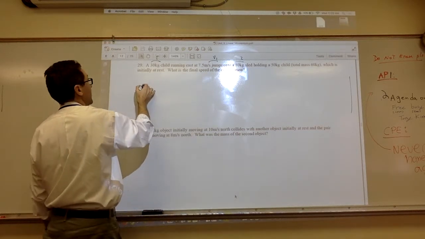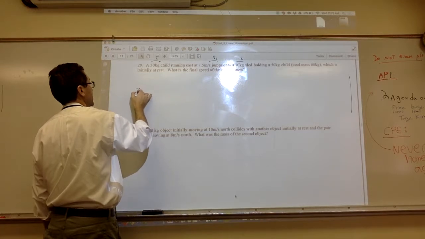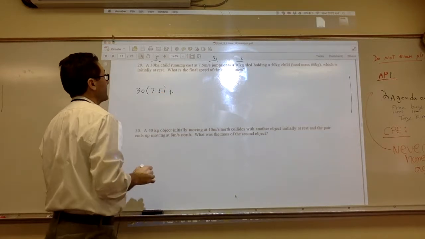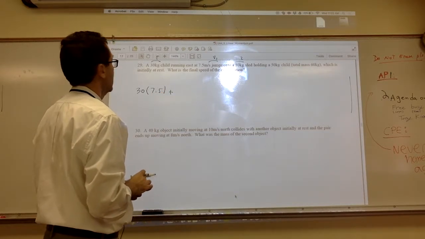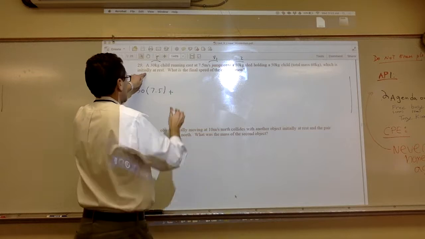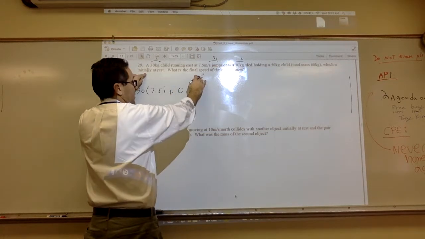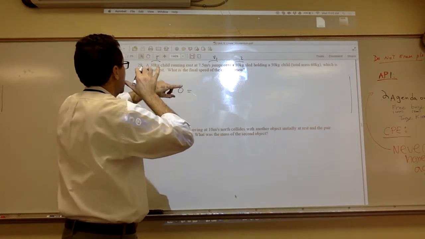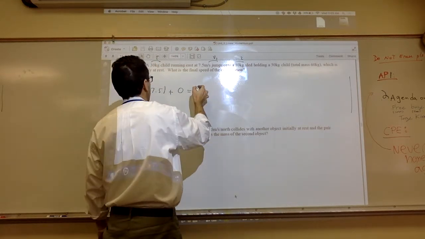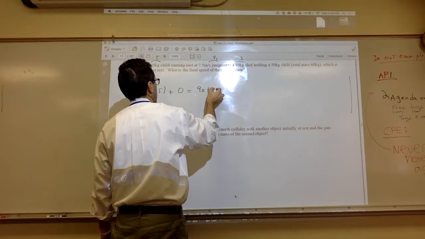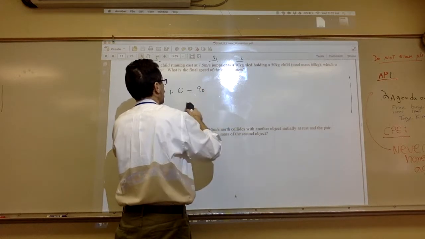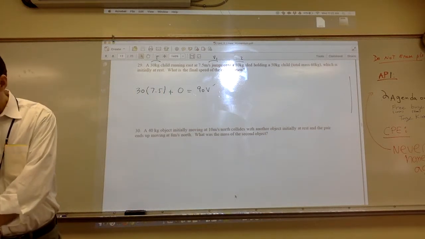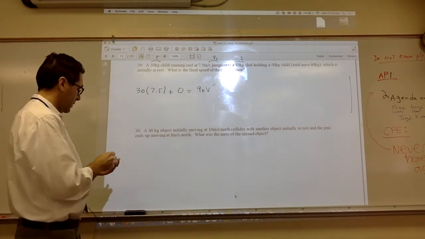The momentum of the kid is M times V plus, now the sled and the other kid are not moving. It says they are at rest, so they have no momentum. This is after you write the equations, of course. Equals, now when the kid jumps in there, the mass becomes 90 kilograms times the velocity of the whole combination. So the velocity of the whole combination should be 2.5 meters per second.